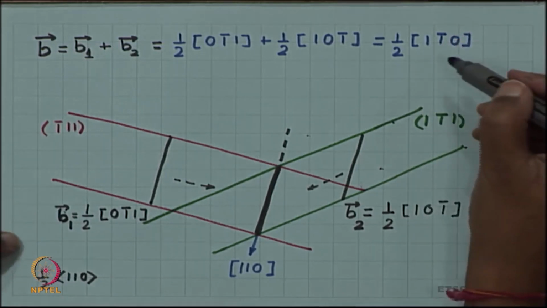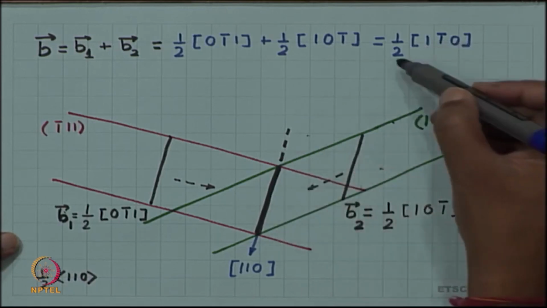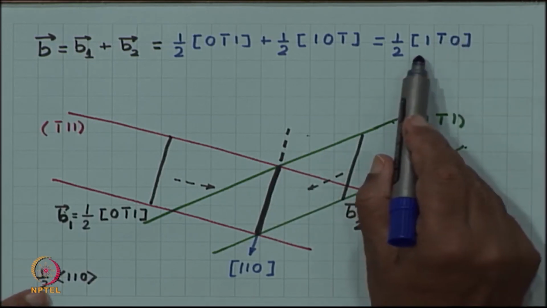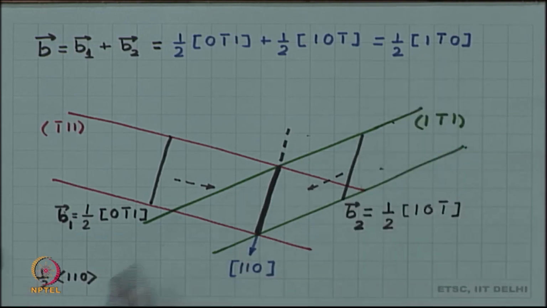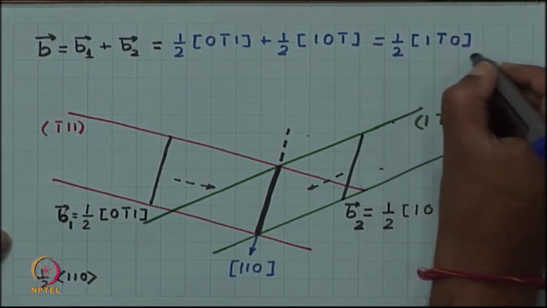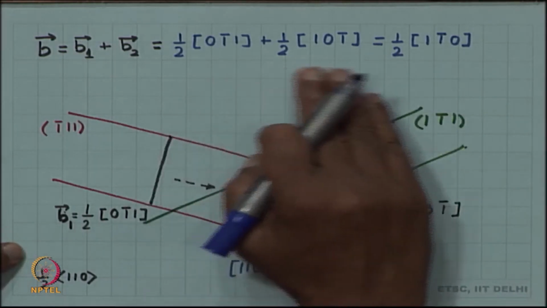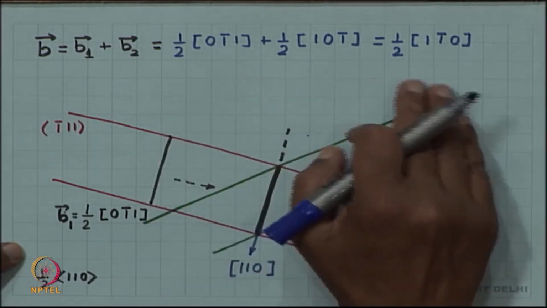So, we see that the new dislocation line is a possible dislocation line in face centered cubic material, because that also belongs to the same family, half 1 1 0. So, it is a possible dislocation line, and energetically we see that all these three dislocation lines have the same length.